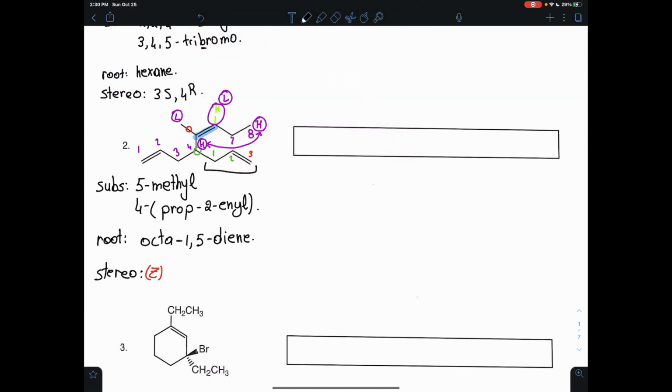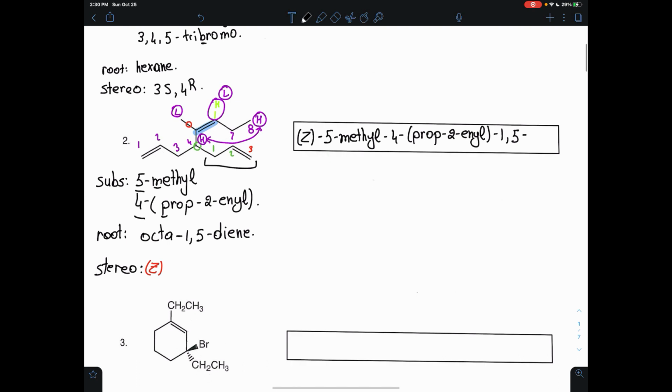So it's going to start with a Z, and we have 5-methyl or 4-(2-propenyl). We know that M comes before P, so that will be 5-methyl, 4-prop-2-enol, and then it's going to be 1,5.